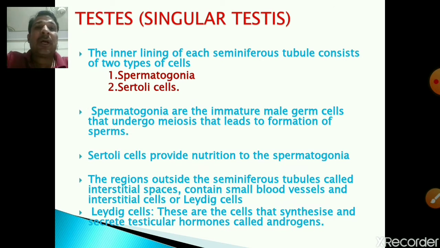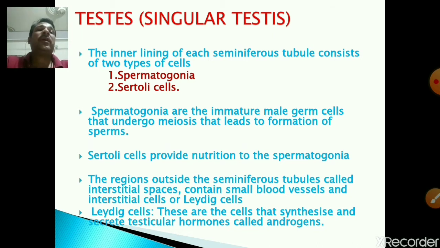And the inner lining of each seminiferous tube consists of two types of cells. One is spermatogonia and another is Sertoli cell. Spermatogonia are the immature male germ cells that undergo meiosis that leads to the formation of sperm. उस जगह sperm का formation करती है spermatogonia.